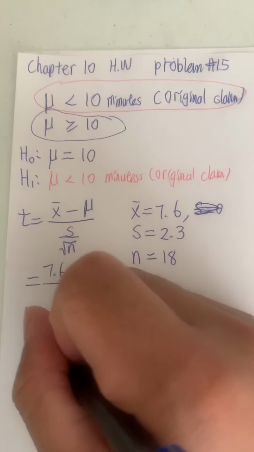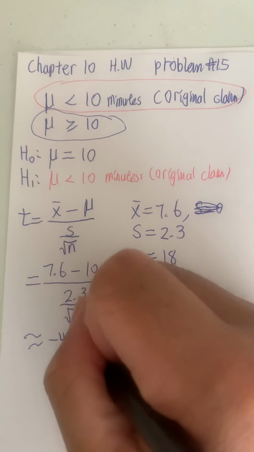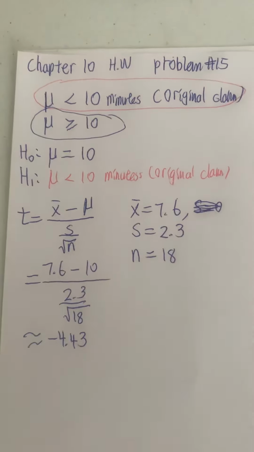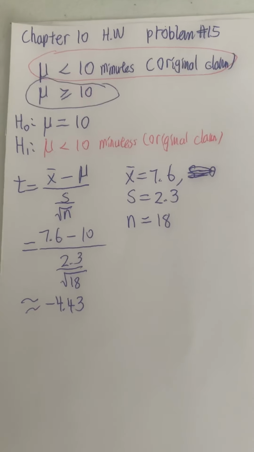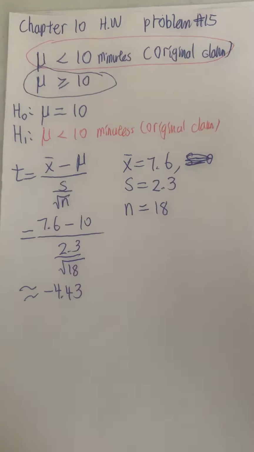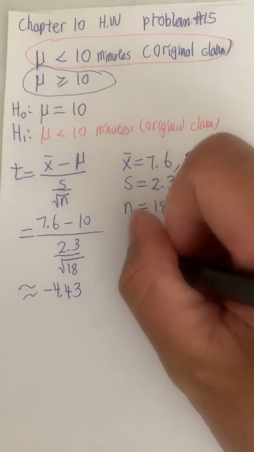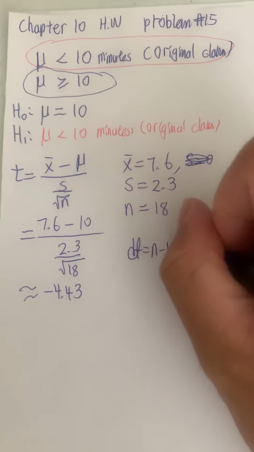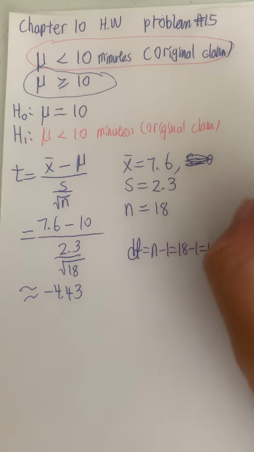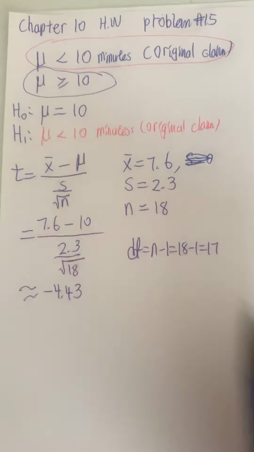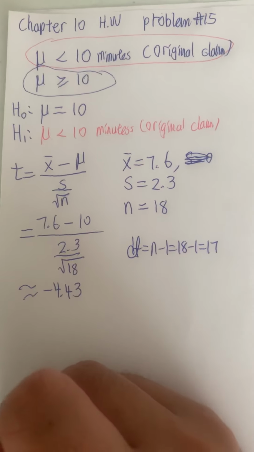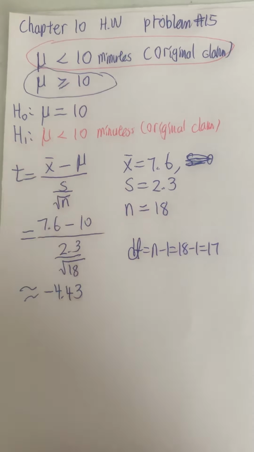So I get the t is negative 4.43. Then the degrees of freedom is n minus 1, so 18 minus 1 is 17. This one is a less than, so it is a left-tail test on the t distribution.